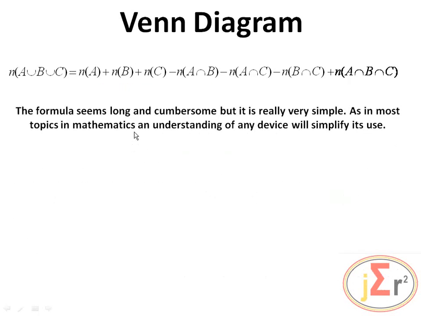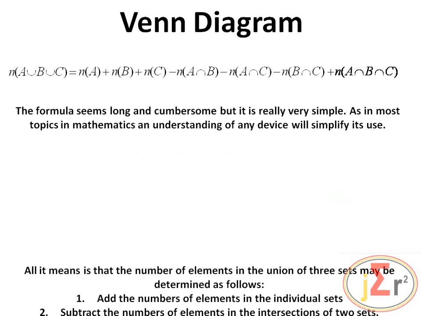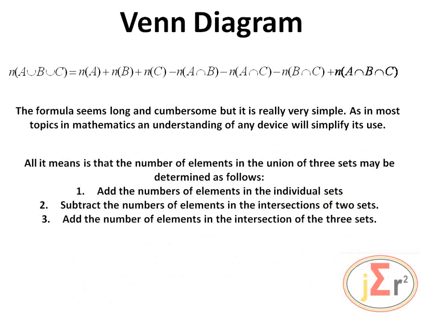The formula seems long and cumbersome, but it is really very simple. As in most topics in mathematics, an understanding of any device will simplify its use. So if we can identify it, then we can use it quite easily, making life very simple for us. All it means is that the number of elements in the union of three sets may be determined as follows.